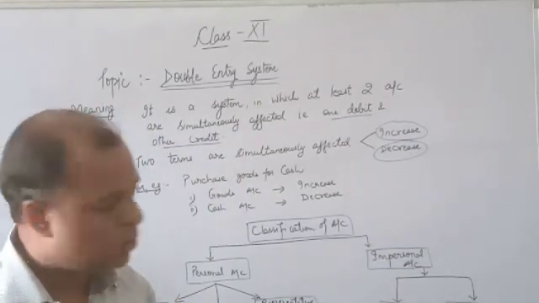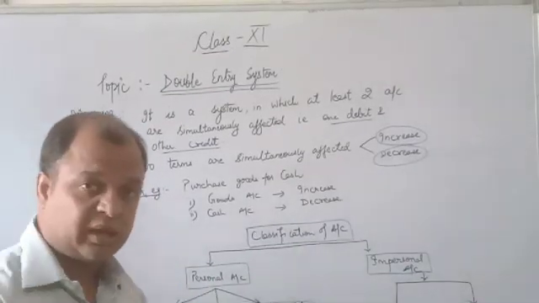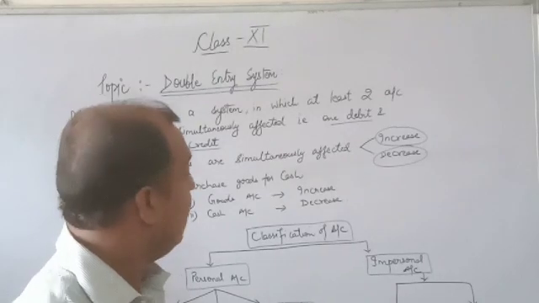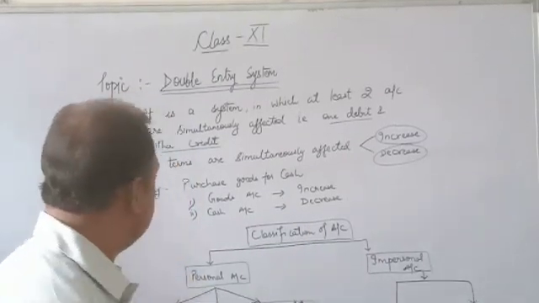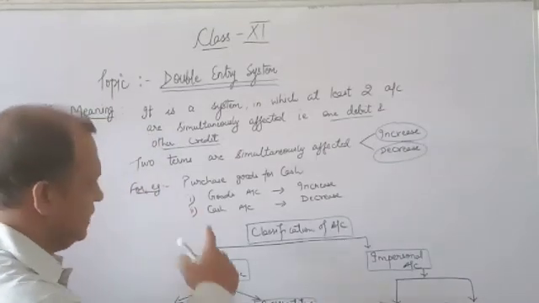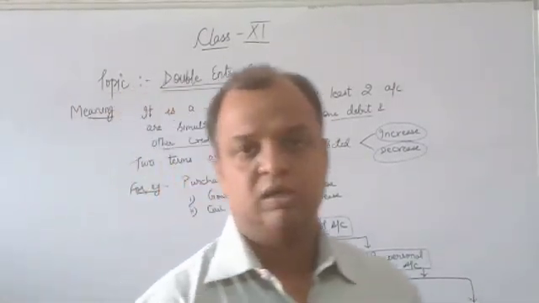Okay. Now, I have prepared an example which might clear up what increase and what decrease is in an accounting situation. One of the examples presented here is purchase of goods for cash.